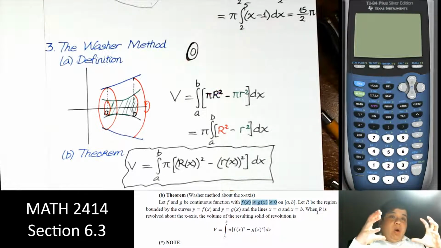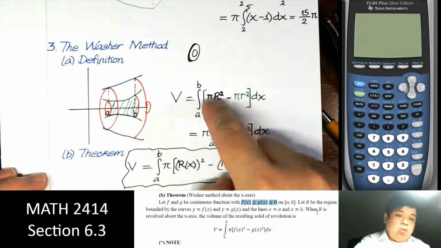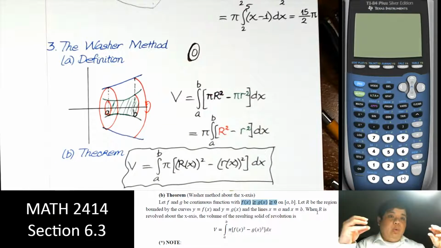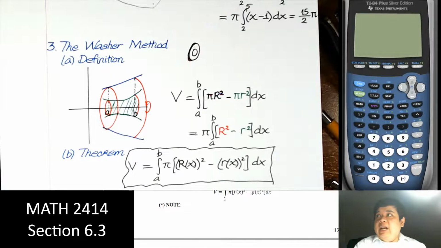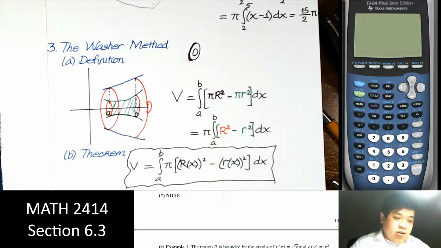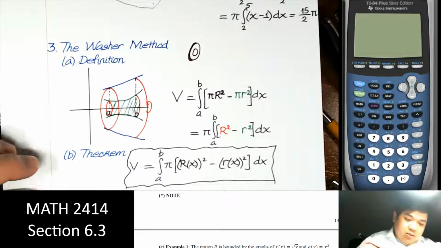So we have the whole volume by this method minus the hollow region by this method. Subtract those two, and it looks like this. We don't even need to write the note, but let's just do that.